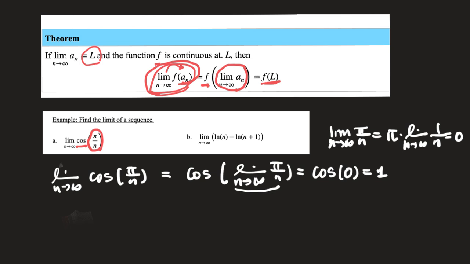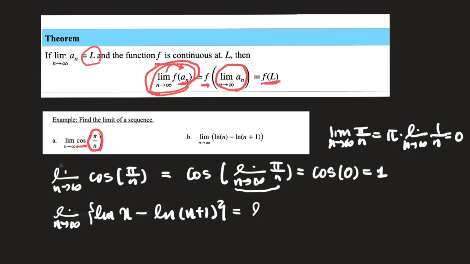How about the second one? The second one is a little different. Before you find the limit of this one, first think about the property of log, okay? This is the limit of ln, here is a negative. The property of log says you can change it into one condensed log, which is going to be a division, right? Then what are you going to do next? The ln function is also a continuous function, so we put the limit inside.